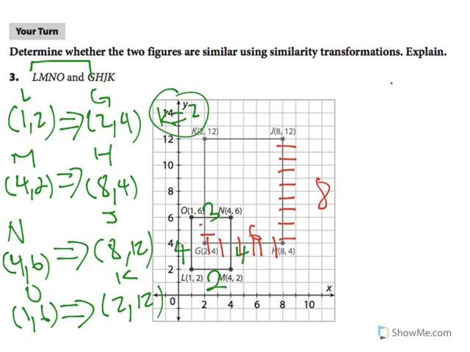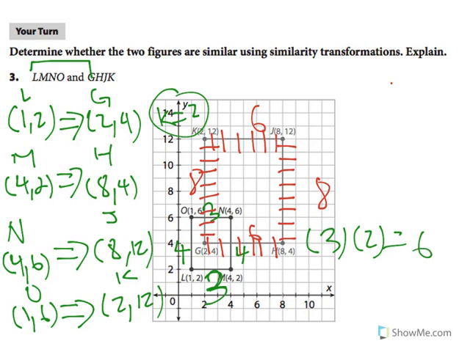And we have 1, 2, 3, 4, 5, 6, 7, 8. And 1, 2, 3, 4, 5, 6. So then my mistake, this should be a 3. Right? So then this is 3 times 2 gives us a 6, and a 4 times 2 gives us an 8. So then it works. So then these two are similar.